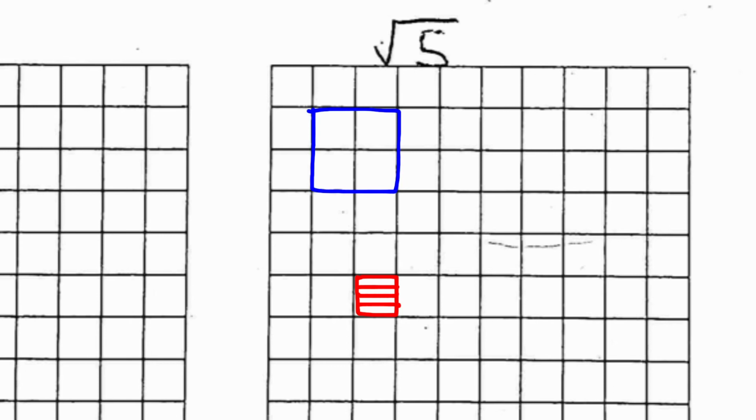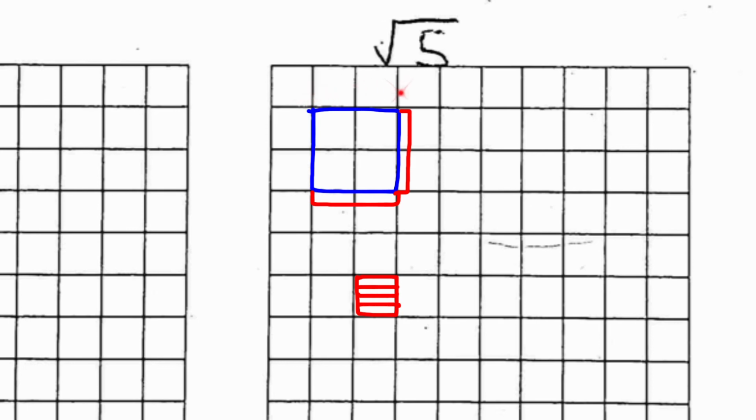So I'll add 2 of the quarters onto here, 2 of the quarters onto here, and now I have a shape that's not a perfect square, but it has an area of 5, and the approximate square root will be the side length of each of these sides.